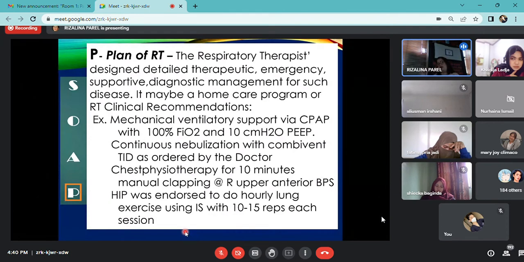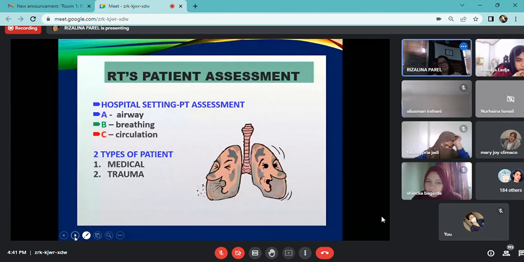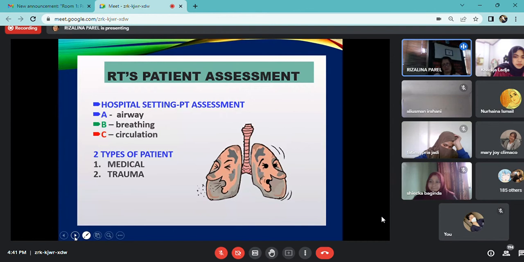Every hour after waking, dapat maggawa siya ng inhalation or paghigop doon ng 10 to 15 repetitions with breath holding ng at least 2 seconds or 3 seconds. Okay? Or 3 to 5 seconds. Depende sa program mo. Okay? So, as respiratory therapists, again, the art is patient assessment.